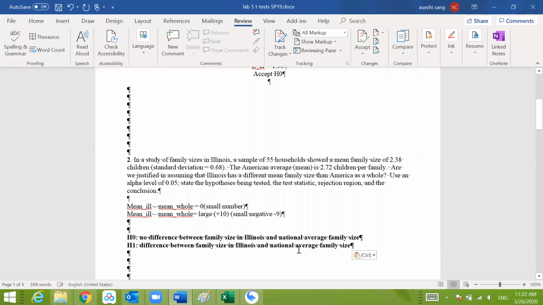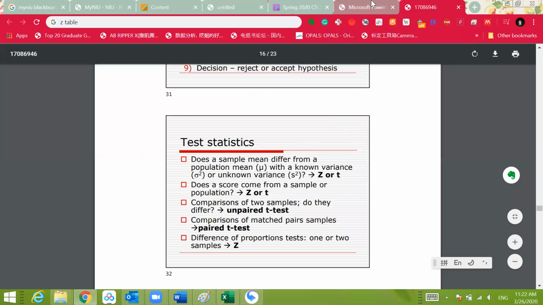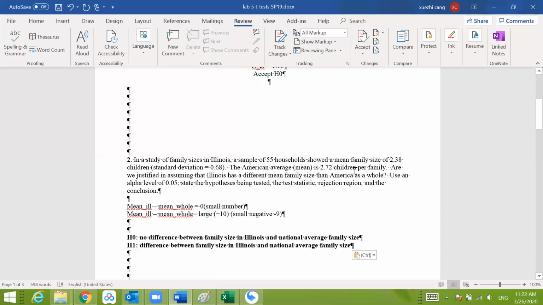After we write down our hypothesis, we need to choose which distribution it is. Since we do not know the standard deviation of the national average size, we should use the t-test to do this work. So first, we need to calculate the t-score.